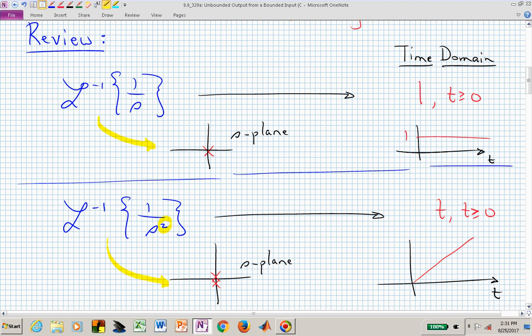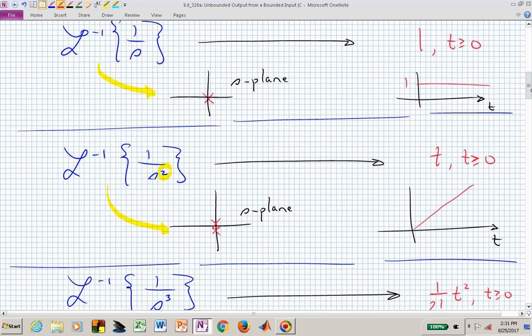It's put a t in front of it. So in this case, we could think of this as 1, and then we have a t in front of it, but we now end up with just a growing function with respect to time.